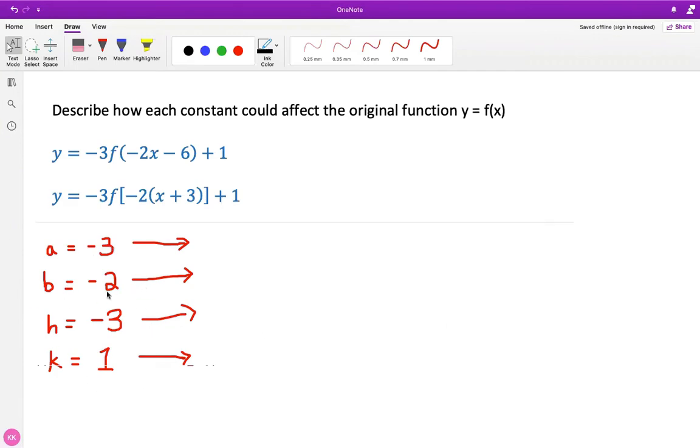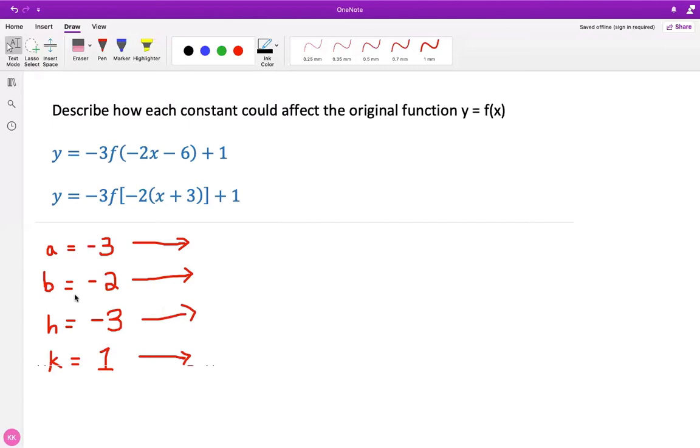Next, I want to determine how these constants could affect the original function y equals f of x. So a equals -3. I hope you still remember that. The negative here suggests I need to reflect the original function in the x-axis, and the 3 here suggests that the vertical portion of the original function is expanded, so it affects the vertical portion because the -3 is outside the bracket.